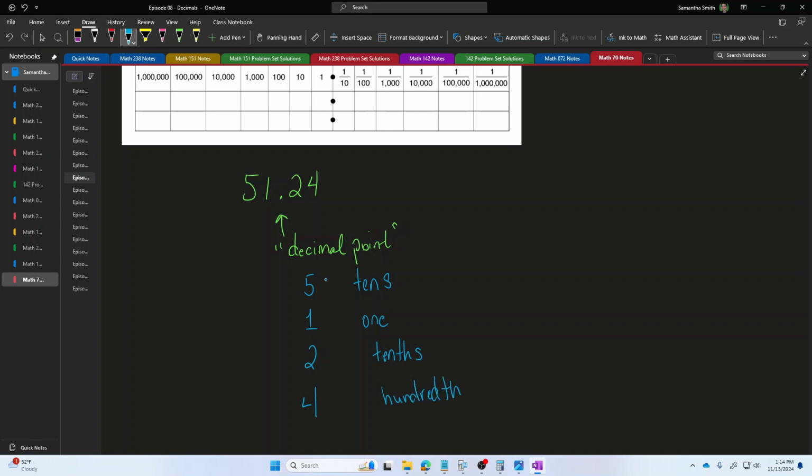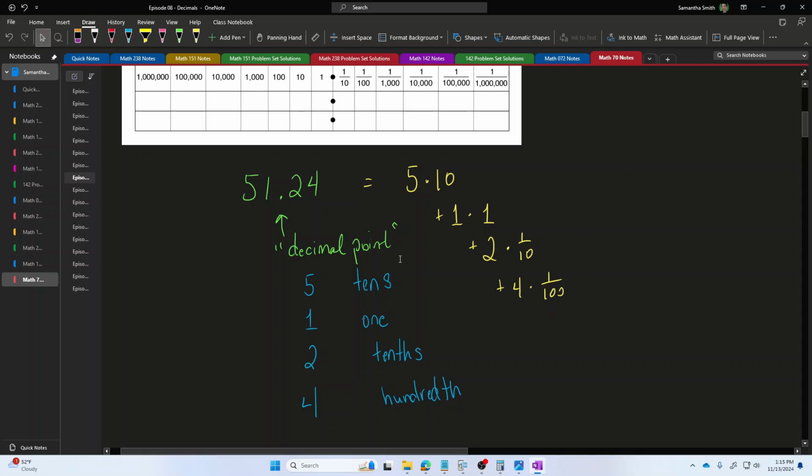So this number, 51.24, would be the same as if I took 5 of 10 and combined that with 1 of 1, combined that with 2 of 1/10, and combined that with 4 of 1/100th. This number would be equivalent to what we have written down, 51.24.